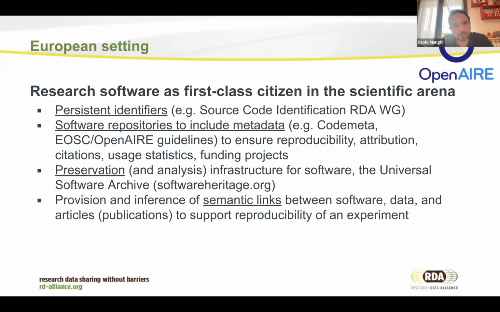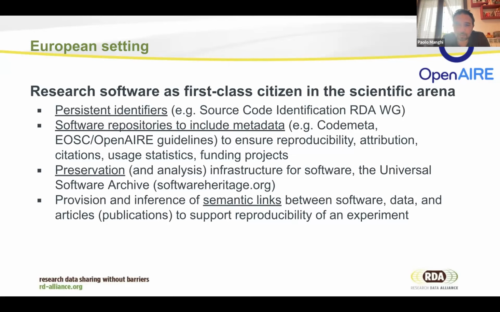We have a preservation infrastructure, especially in Europe. We have this idea of building a universal software archive, and the softwareheritage.org, that is doing amazing things on this matter. And then, of course, as we have touched upon in this webinar, we have the idea of providing semantic links between software and other products.